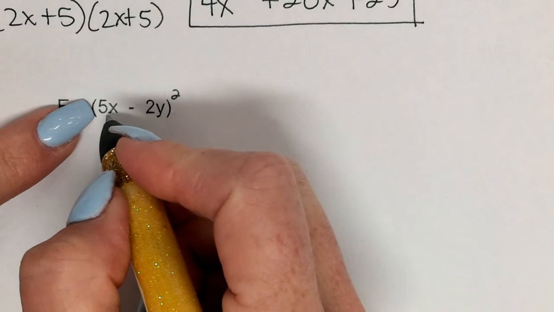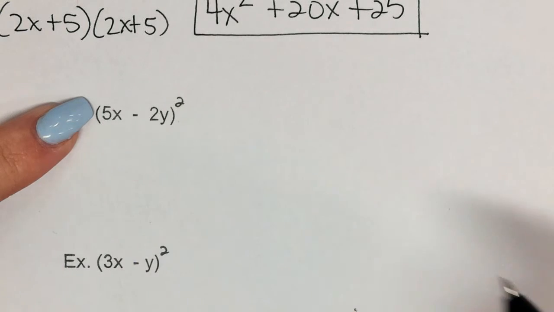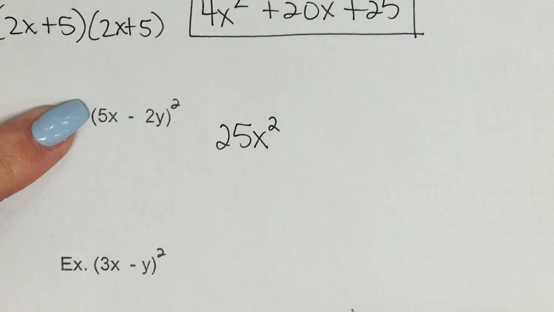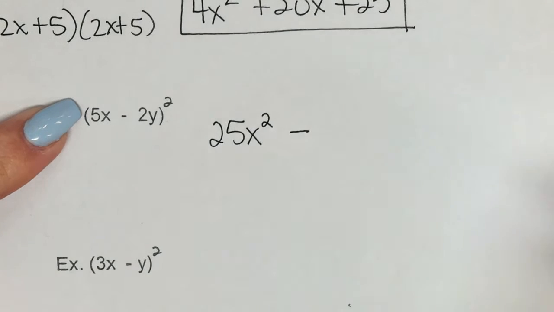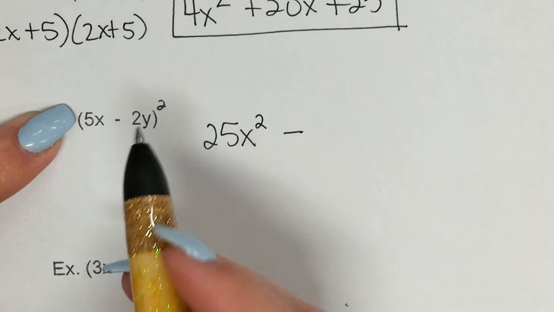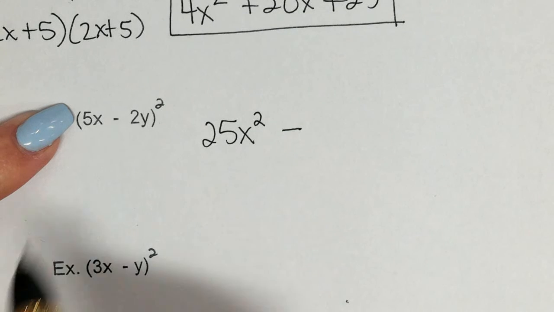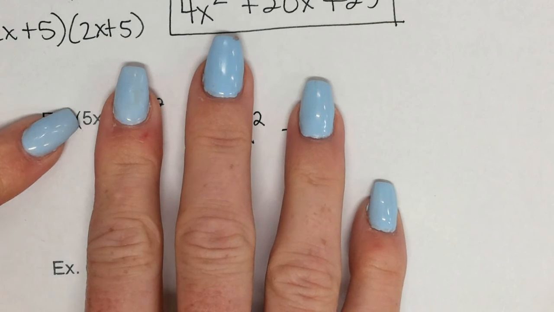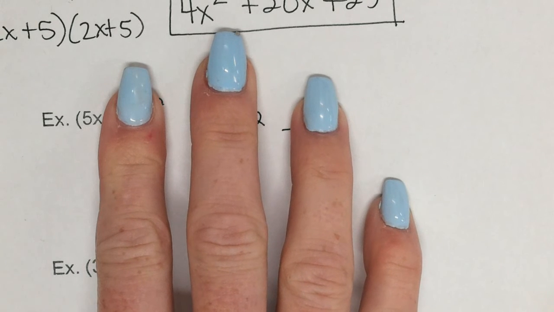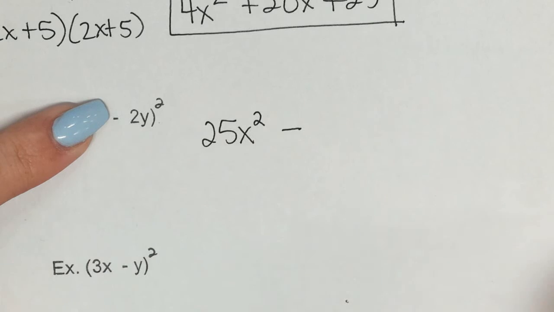All right, so here we go. Take the first term and square it. 25x squared. 25x squared, good. Instead of a plus sign, I'm going to put a minus. Okay, to get the next one, all you do is multiply 2 times this times this. So here let's just do this. 2 times 5x is 10x, and 10x times 2y is negative 20xy.